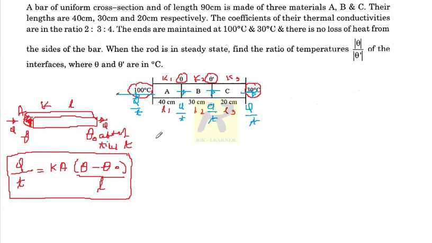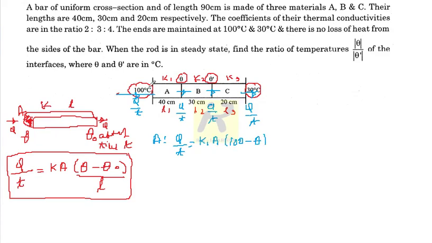For the conductor A, now I am writing the same equation. Q divided by T is equals K1 into A, because the area of cross section of every conductor is the same, multiplied by the temperature difference, 100 minus theta.